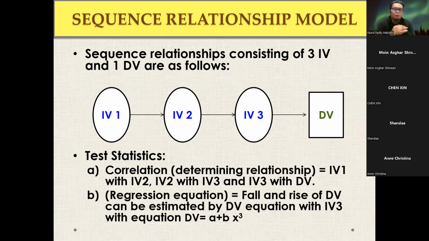From this figure, we can test the correlations, to determine the relationship between IV1 and IV2, IV2 and IV3, and IV3 and DV. If you want to extend, you can also study regression, because you have more than one independent variable.